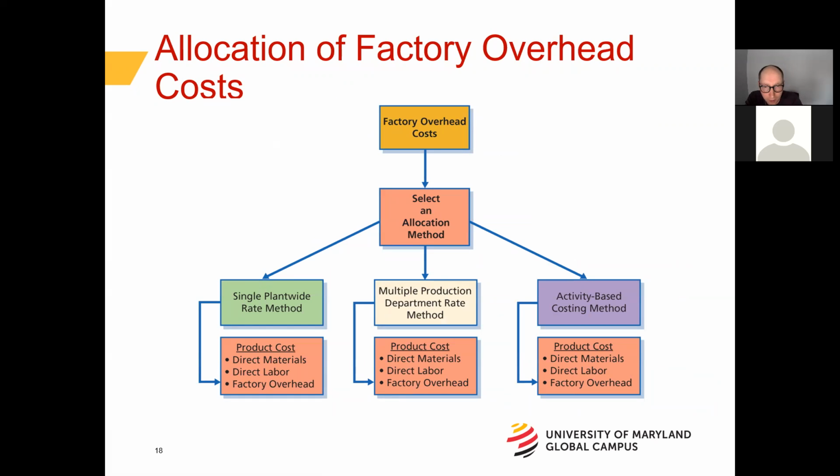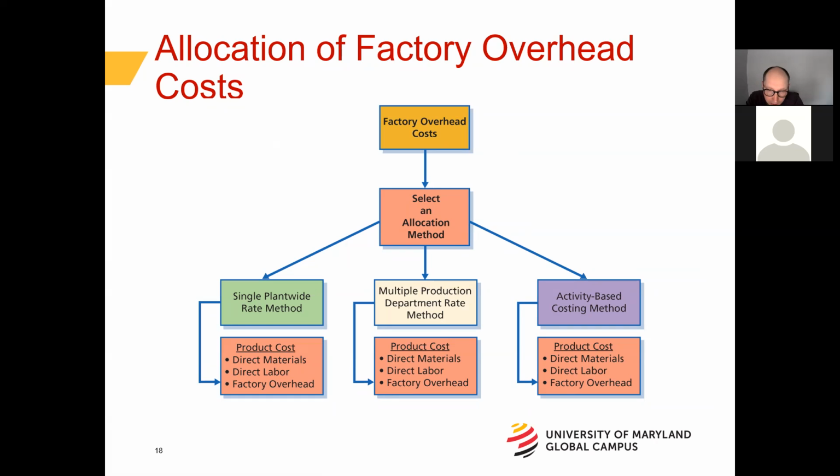There are three primary methods that companies use to allocate factory overhead. And we do this based on rates. Rates are what we call the allocation base. And these rates are based on the level of activity, or the primary activity, I should say.